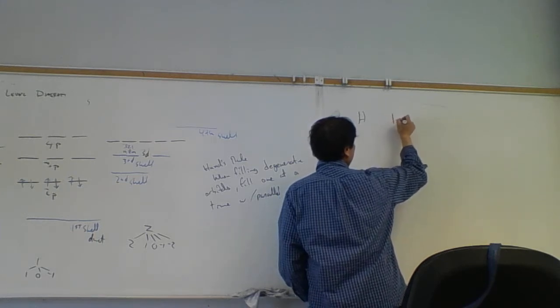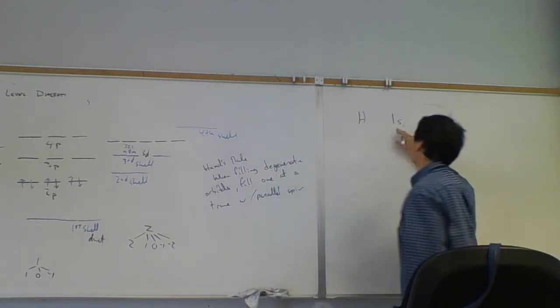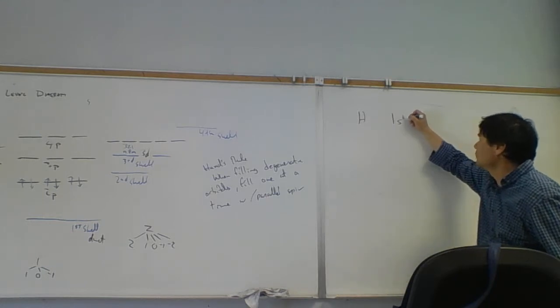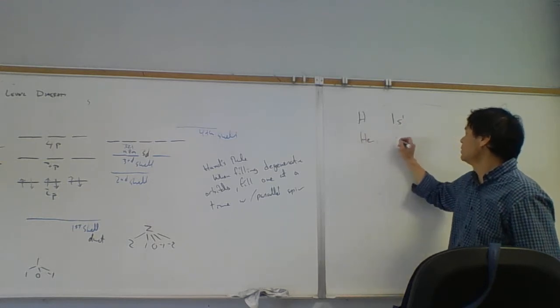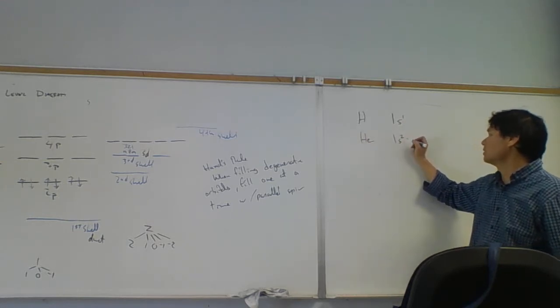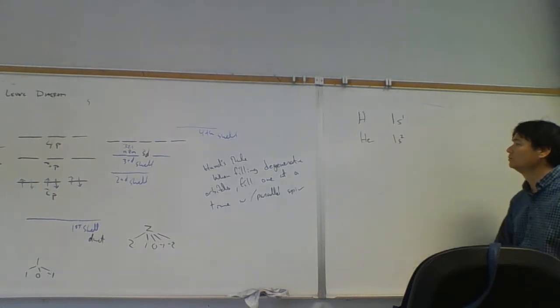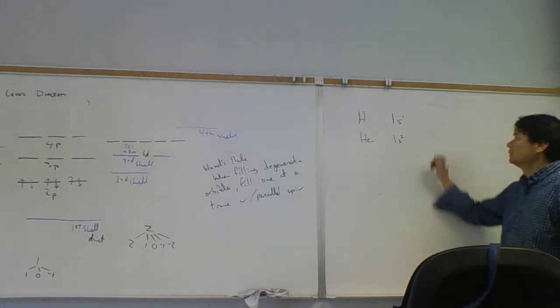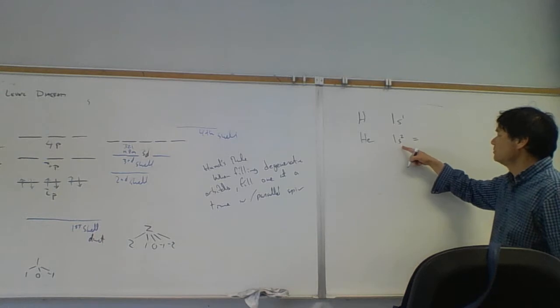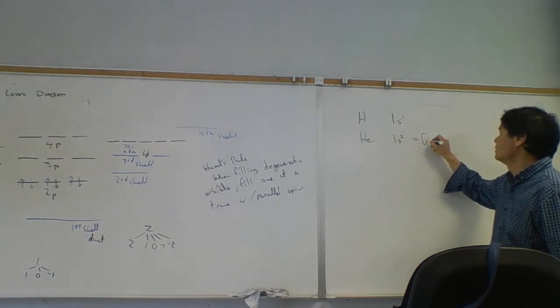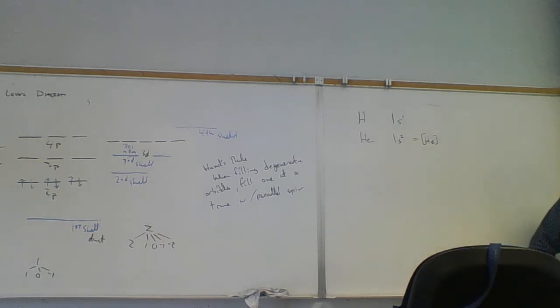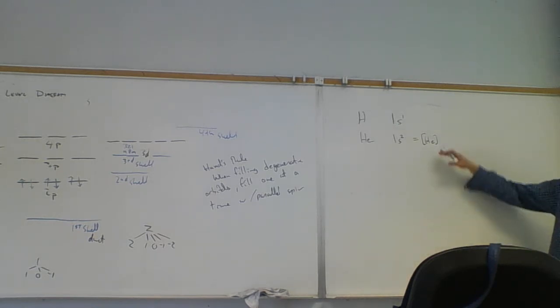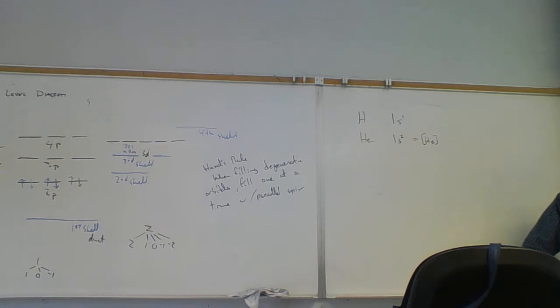So hydrogen has a 1s orbital with 1 electron in it, so we call it a 1s1. Helium has a 1s orbital, but now it has 2 electrons in it, so we call it a 1s2. Sometimes we abbreviate this because this is a filled shell. And so this symbol here, helium in the square bracket, means that we have the filled shell configuration of helium.